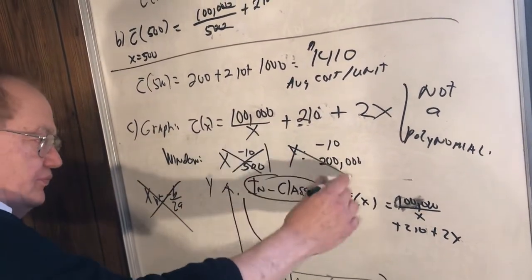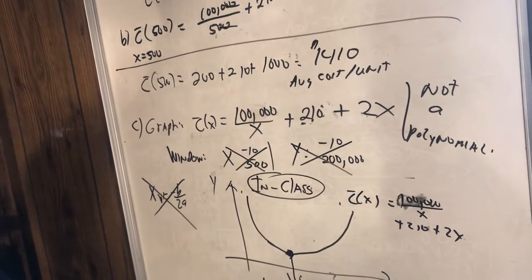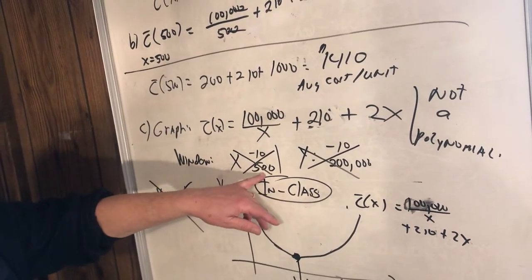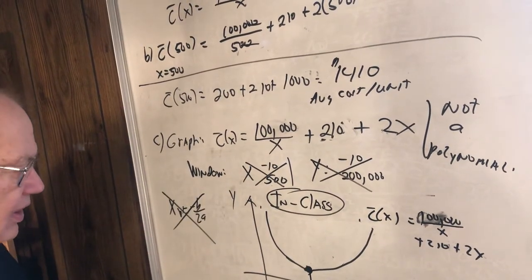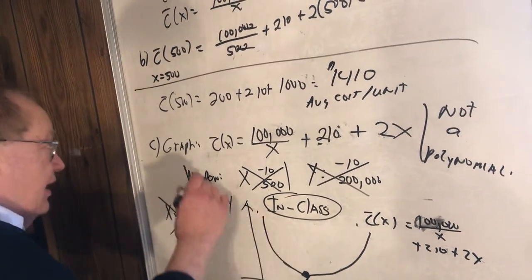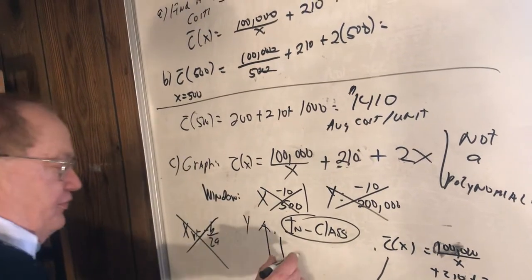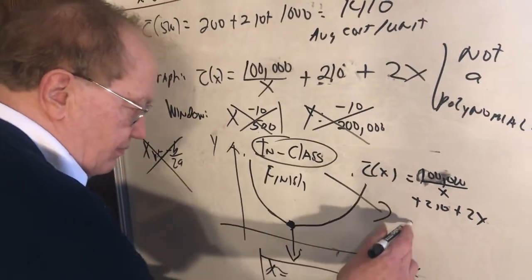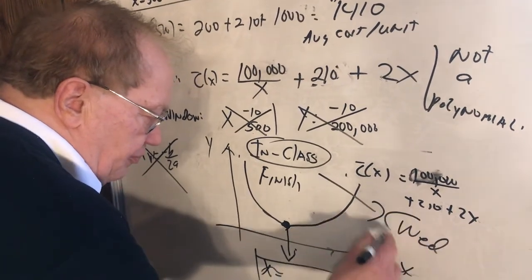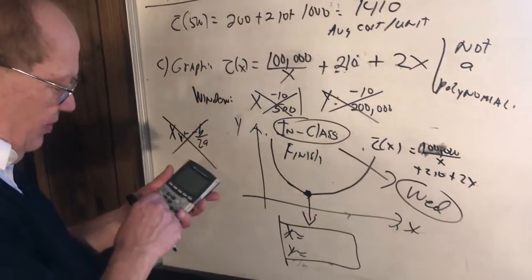Sorry about that. My window has to be extended all the way out, maybe this up to 100,000. So basically, I'm going to finish this in class. So number 10 I will finish in class on Wednesday. I just don't want to spend the time here fooling around with my window.